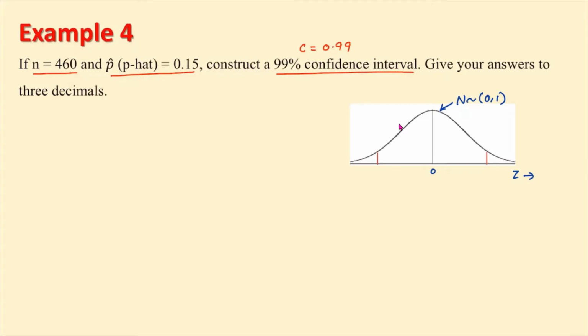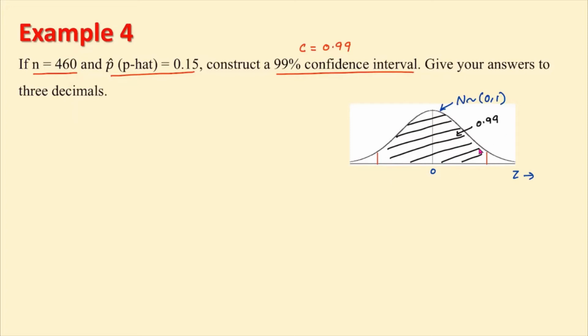So the area in the middle is 0.99. Now the remaining 1% area is divided on two tails, so it's 1 minus 0.99, that will be 0.01.